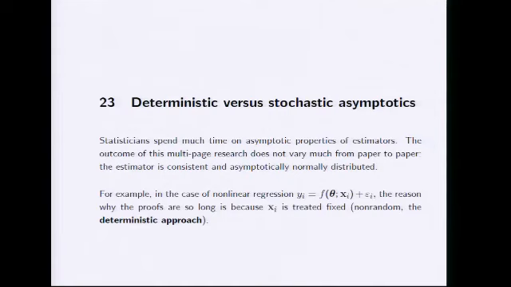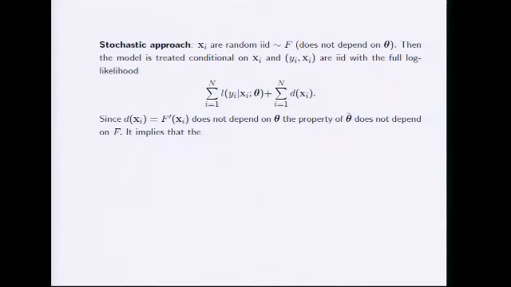A few words about the differences between deterministic and stochastic asymptotics. The stochastic approach assumes that the x's are conditional, and that means that your theory simplifies dramatically. You simply use the estimating equation approach, and you don't spend much time proving all these lengthy results about consistency and asymptotic normality.